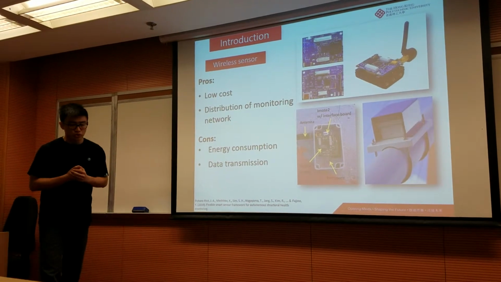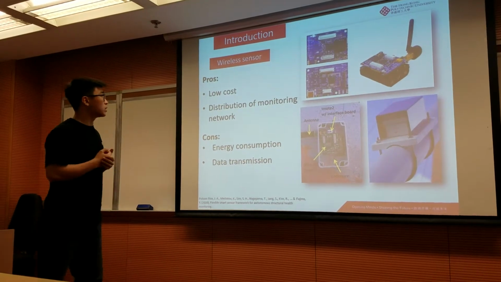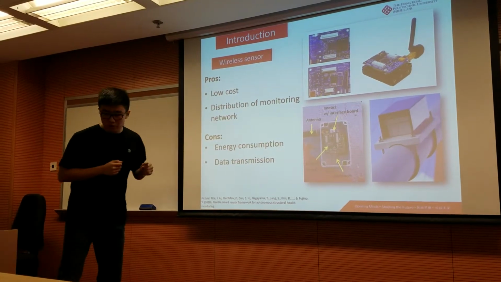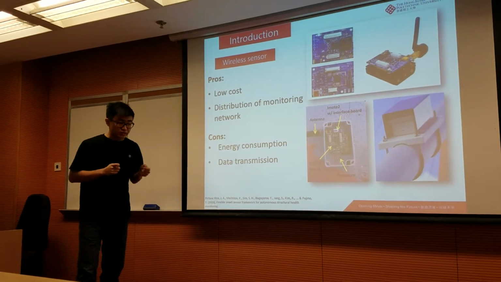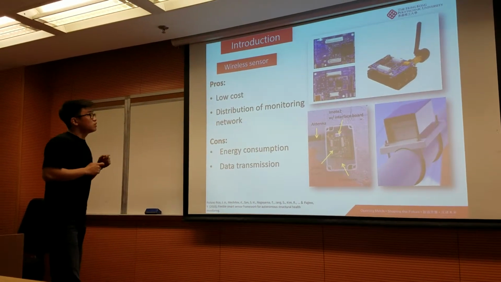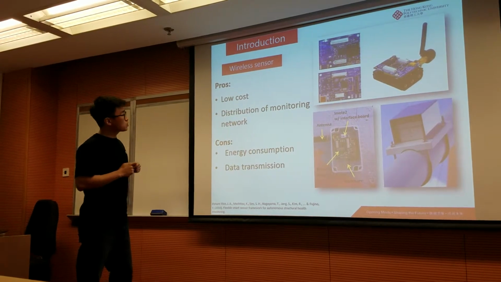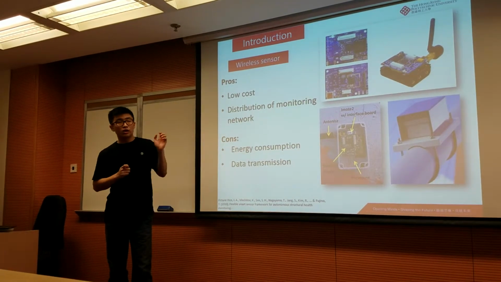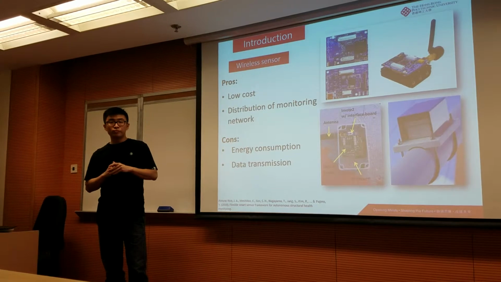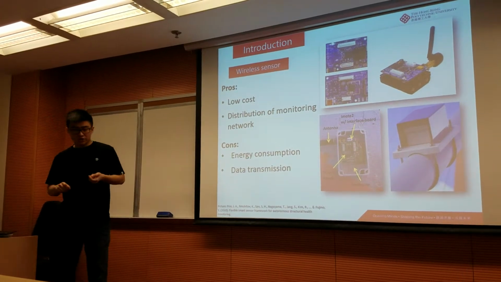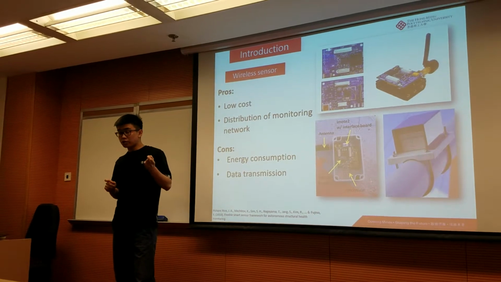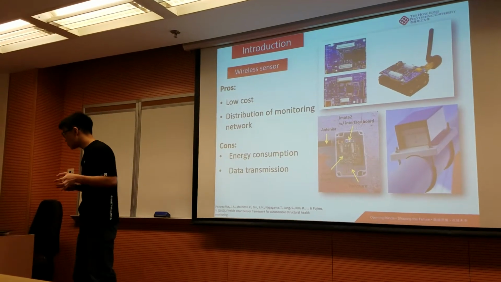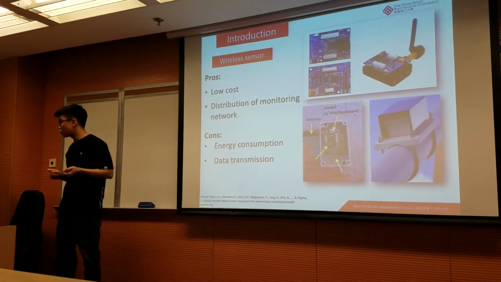So some researchers proposed wireless sensors. Compared with cable sensors, wireless sensors have many advantages. For example, the installation cost of the wireless sensor is very low. Imagine you don't need lengthy cables. What you need is only a small antenna, and this antenna can achieve the data transmission.